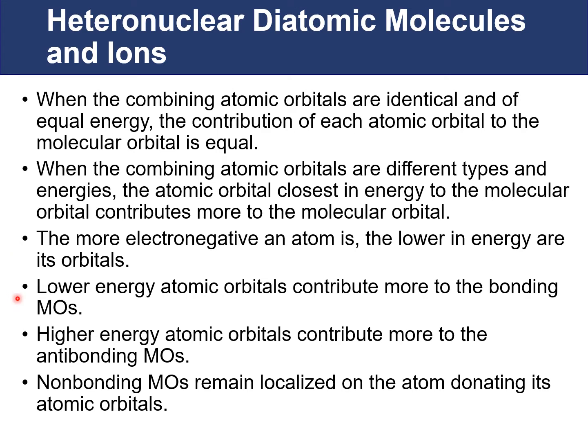Lower energy atomic orbitals contribute more to the bonding in our molecular orbitals than do the higher energy atomic orbitals. Higher energy atomic orbitals contribute more to the antibonding molecular orbitals. We can also have non-bonding molecular orbitals that remain localized on the atom, donating its atomic orbitals.